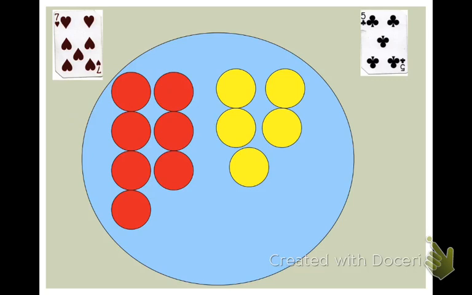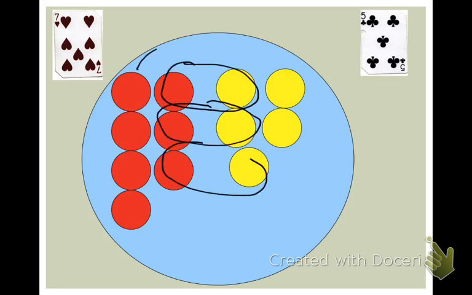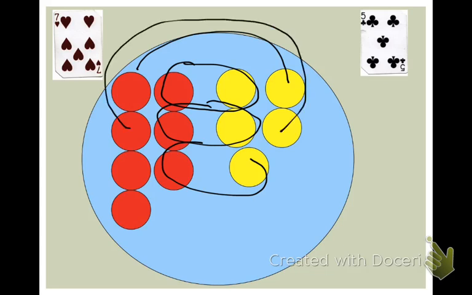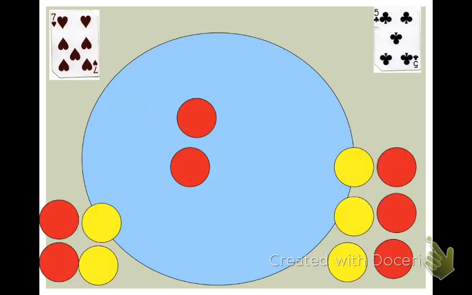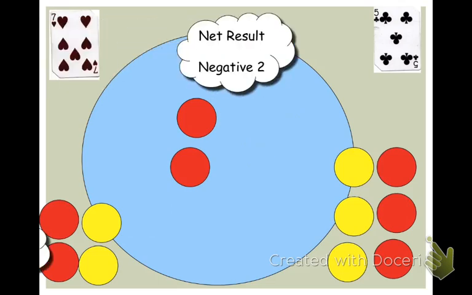Here's a 0 pair, and here's a 0 pair, and here's a 0 pair. And yeah, there's another 0 pair. We've got some 0 pairs, so we could count those out. And when we do that, we could get rid of those 0 pairs and say, well, that's just 2 negatives left. And that results in negative 2.